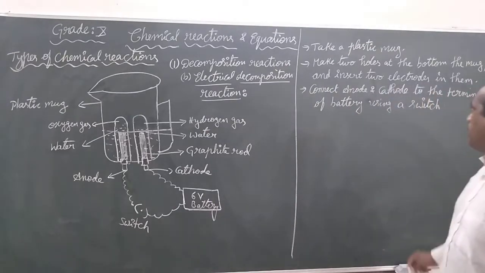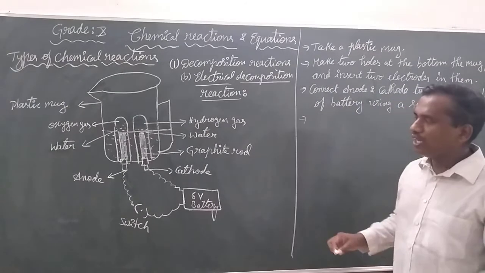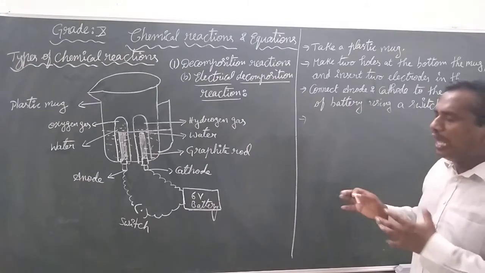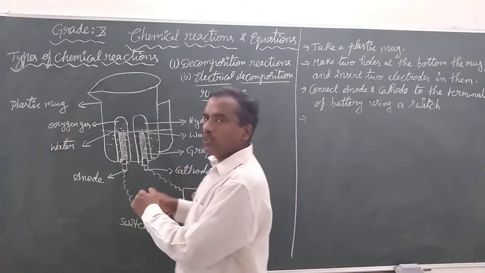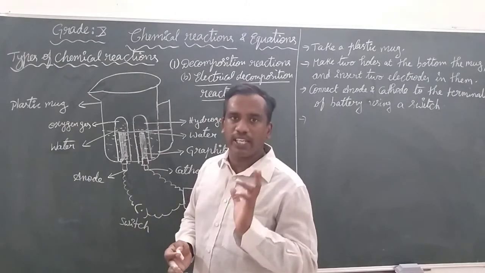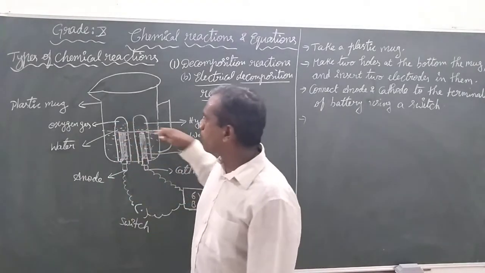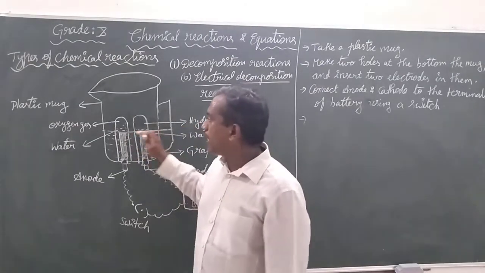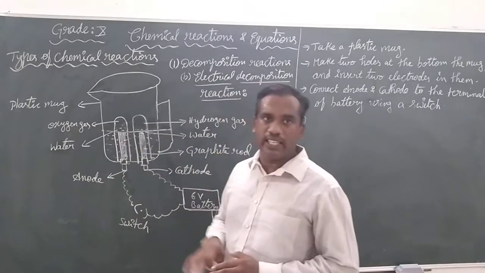Then we take the content we need to add. We are not adding much, just a very simple content, water, up to the half, such that the electrodes will be immersed in it.